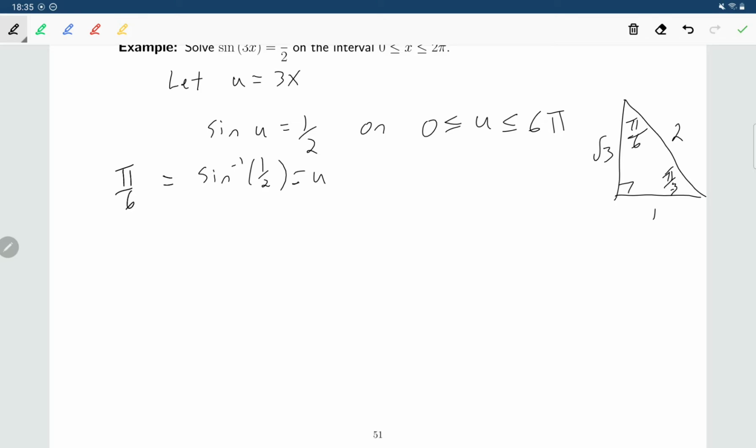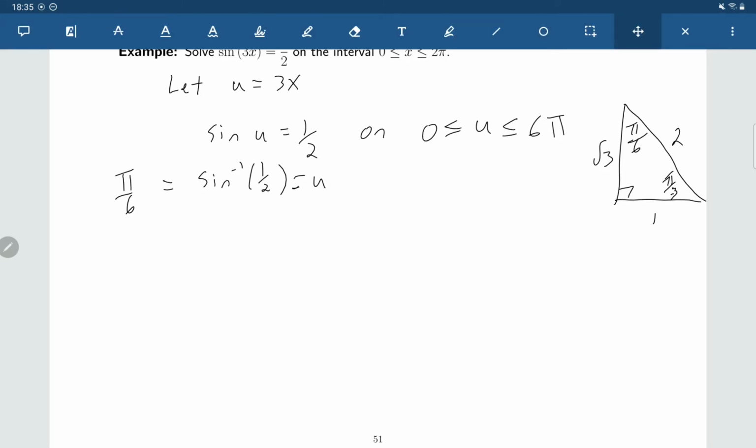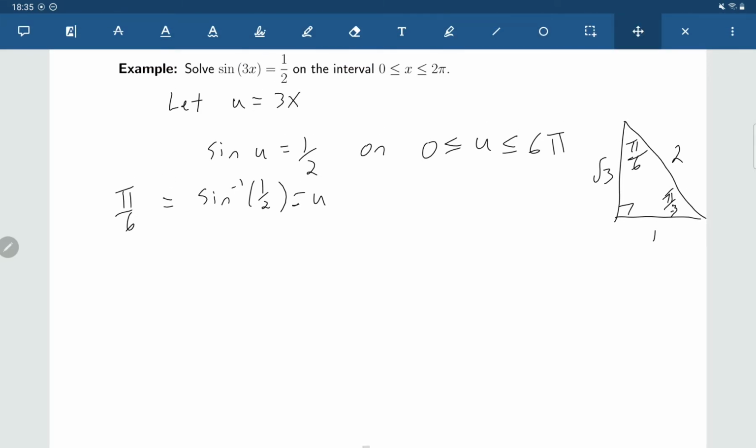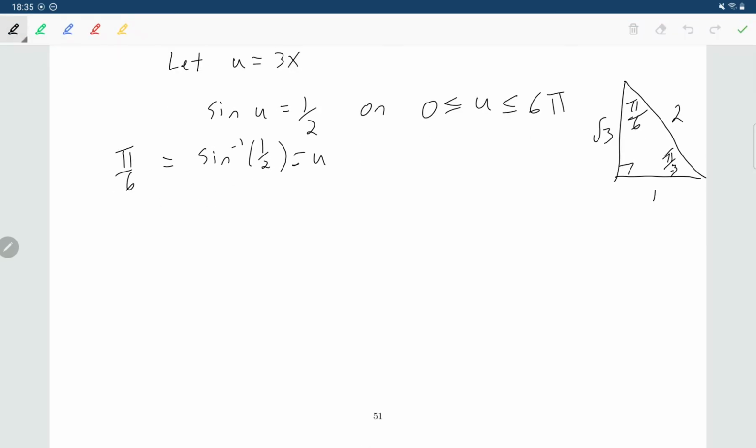So we came up with one value for u. We also know that sine of u needs to be positive 1/2, and there are 2 places where sine is positive. One of them is in quadrant 1, and the other one is in quadrant 2.